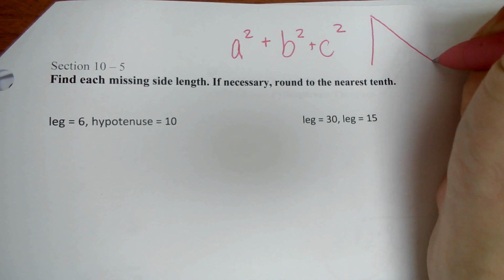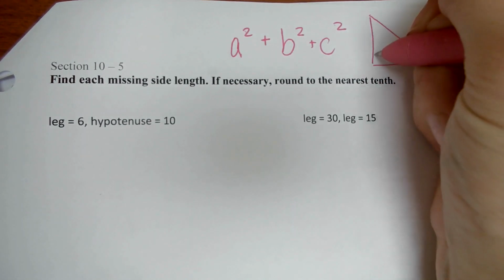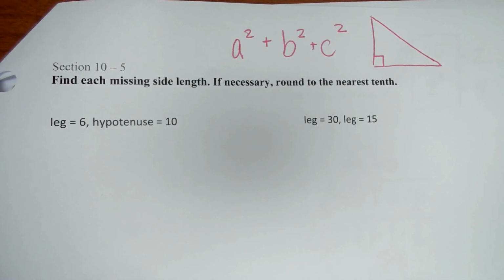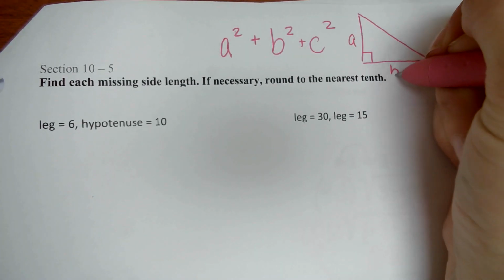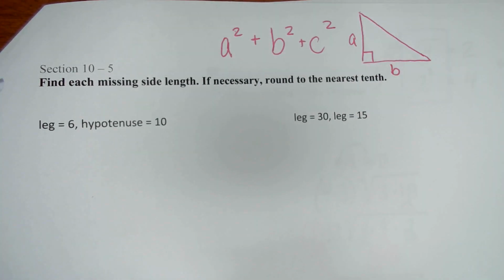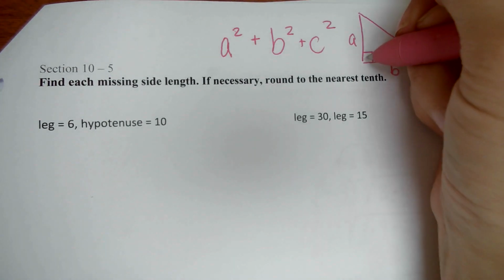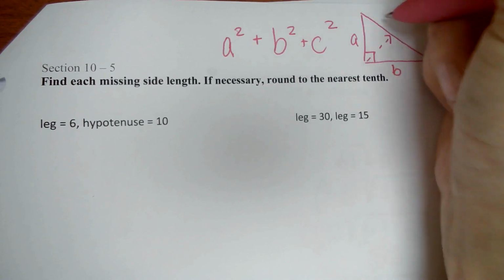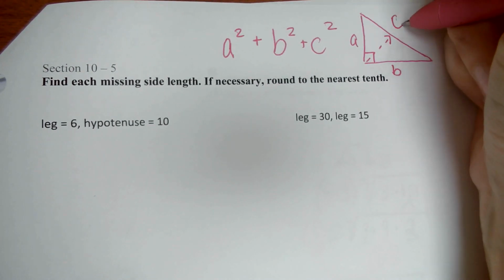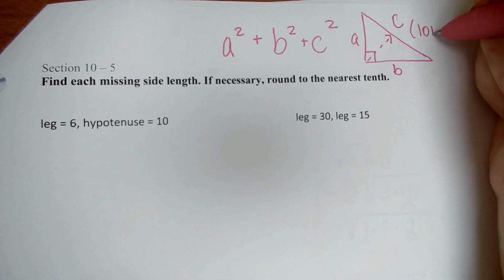And now, this theorem is applicable only for right triangles. Within a right triangle, the sides that are touching the right angle will be the legs. That will be a and b. The side that is directly opposite the right angle, and also the longest, is c, the hypotenuse.